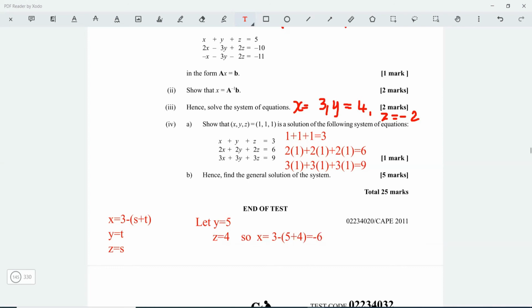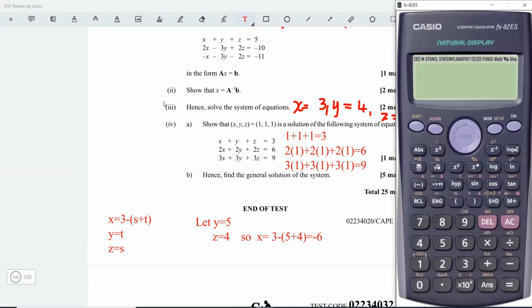So look what I'm going to show you. If you take out a calculator and look at the first equation, type in minus 6 plus y, which is 5, plus z, which is 4, you're supposed to get 3. See there? 3.